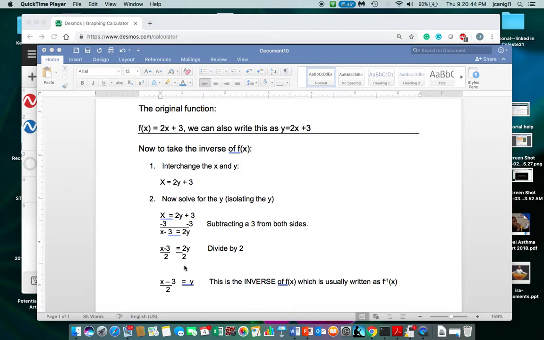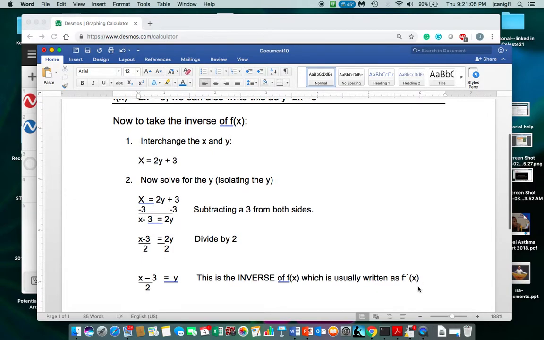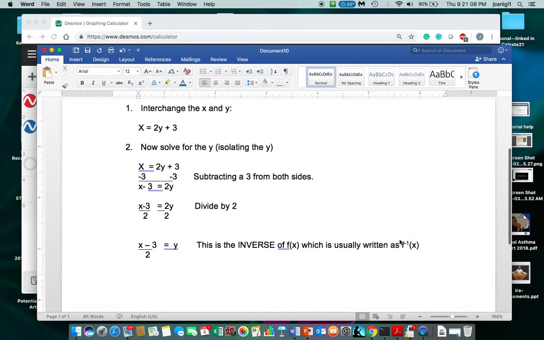So this is one function and this is another one. This is when the x and the y are reversed or inverted. Sometimes we use a small little -1 right above it, just to show that that is the inverse.